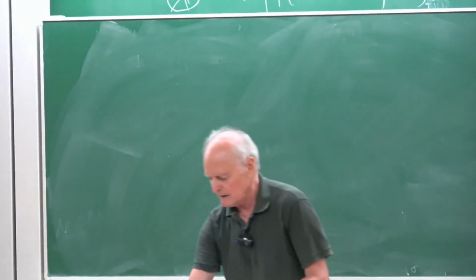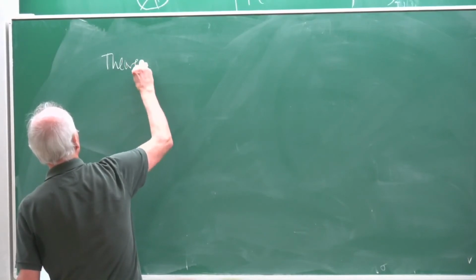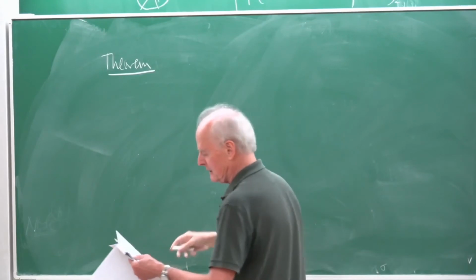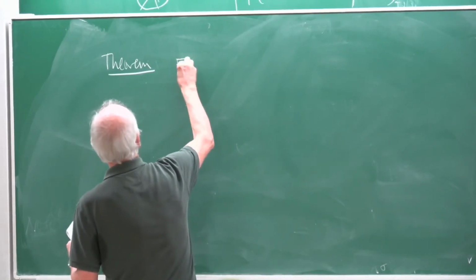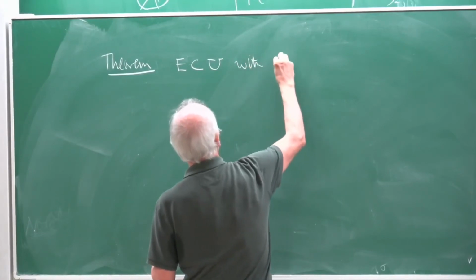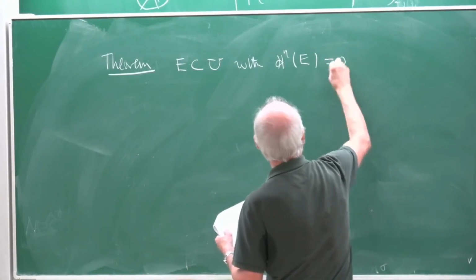Okay, so here's a theorem that's going to be rather important in proving the compactness theorem. So take E contained in U with n-dimensional measure of E equal to 0.